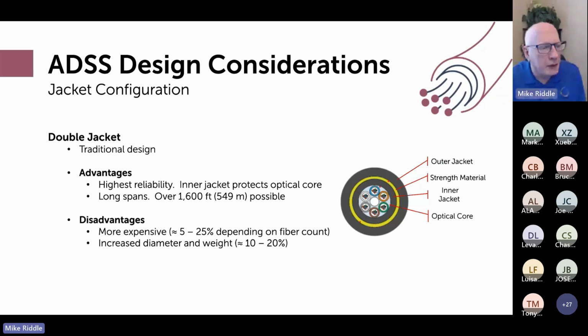It consists of a cable core. So you take those tubes we talked about with the fibers in them, you strand them around something, and then you put a jacket over that. And then over that, you put your strength element. And over that, you put an outer jacket. So exactly what you see here. That inner jacket is protecting your optical core here.